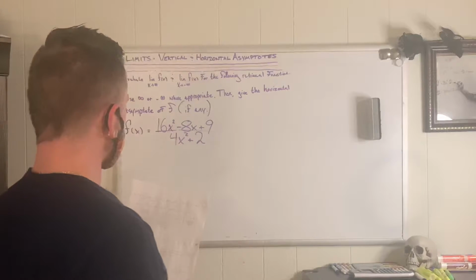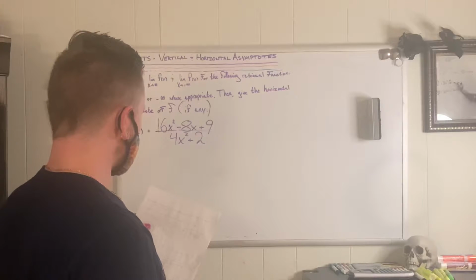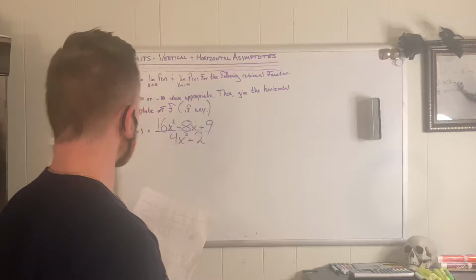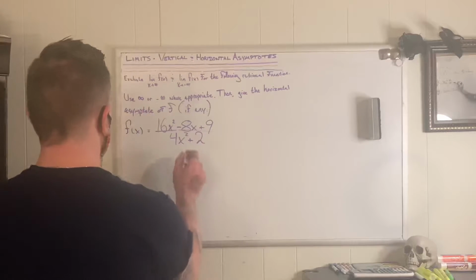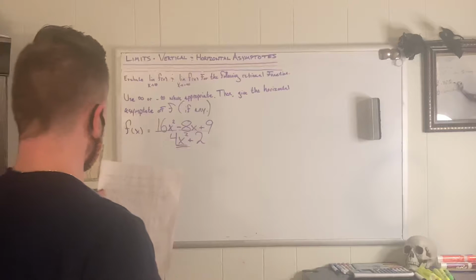So, to evaluate the limit as x approaches infinity, first we have to divide the numerator and the denominator by the largest power of x that appears in the denominator. So in our case, that is x to the power of 2.